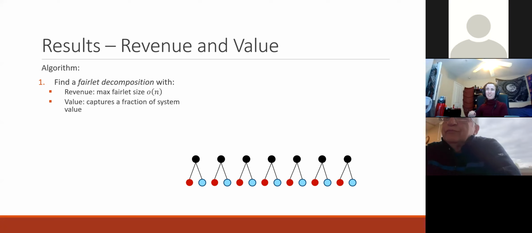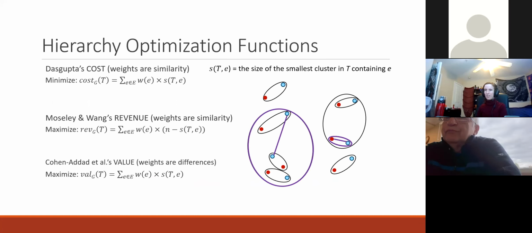For value, we need a little bit more of a strict assurance. To get our result, we need to ensure that our fairlet decomposition captures a fraction of the system value. So what is system value? That is not the optimum value of the system. Let's quickly go back and look at the definition of value. When I say system value, I mean take the sum over all edge weights and multiply it by the largest coefficient possible, the largest possible size you could have of a smallest cluster containing an edge, which is n.